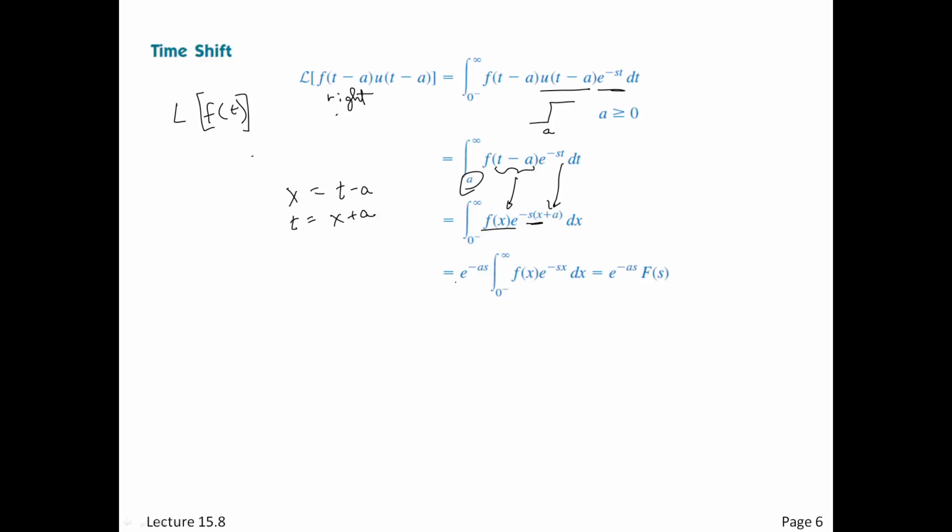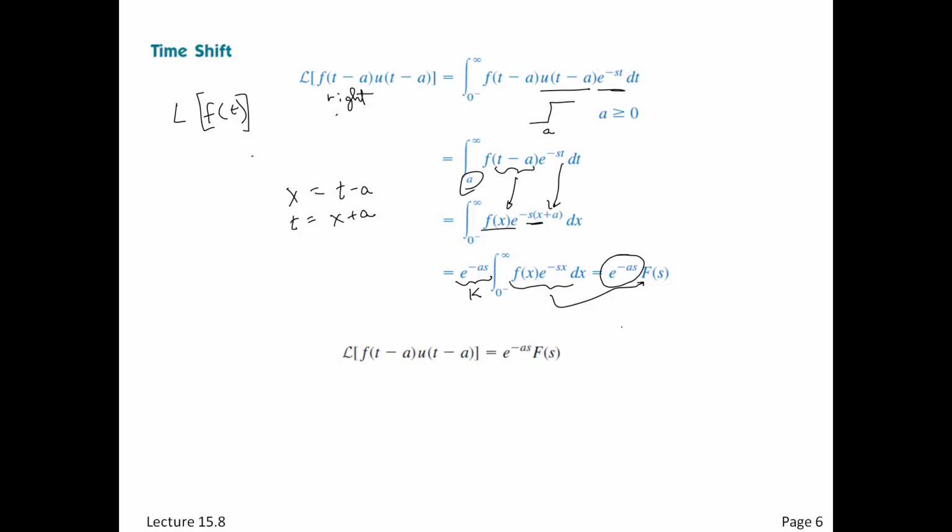But e to the minus sa is a constant, and so we're left with f of x e to the minus sx. But we recognize this whole thing as the Laplace F of s in the first place. Okay, so apparently all that happened for time shifting was we ended up changing the Laplace by multiplying by e to the minus as.